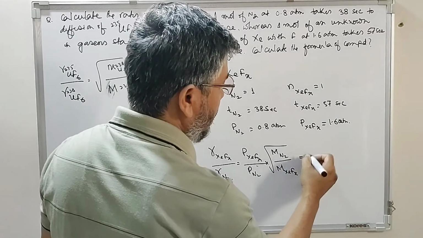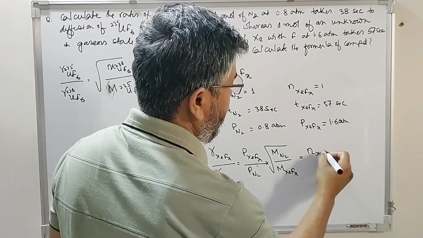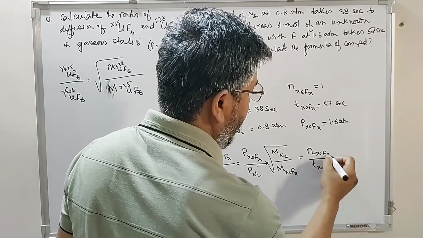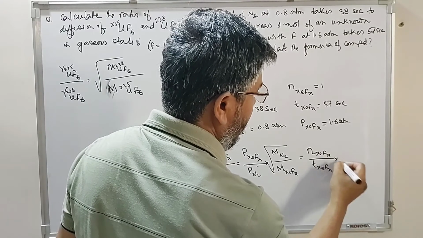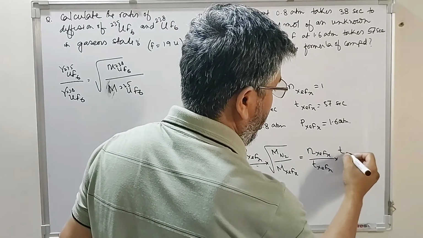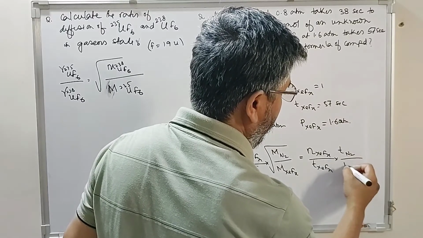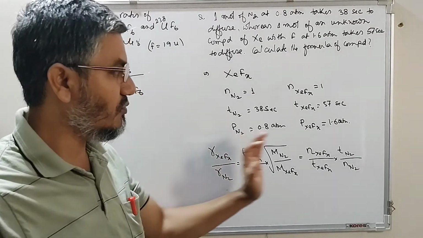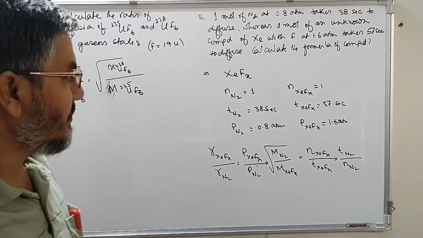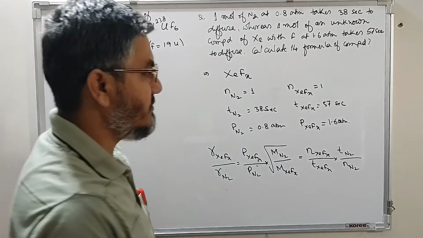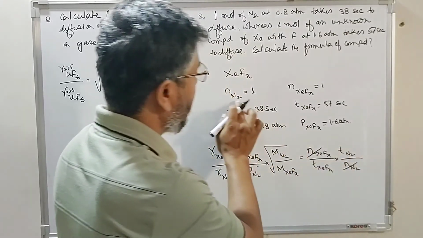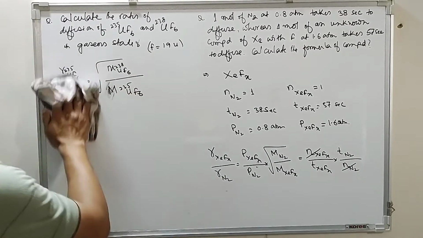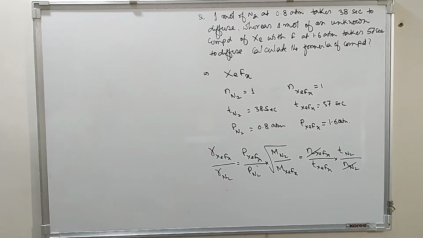This must equal n of XeFx divided by t of XeFx, times t of N2 divided by n of N2, because we define the rate of diffusion as the number of moles of gas diffused per unit time. The number of moles of both are the same, 1 mole, so this cancels out.